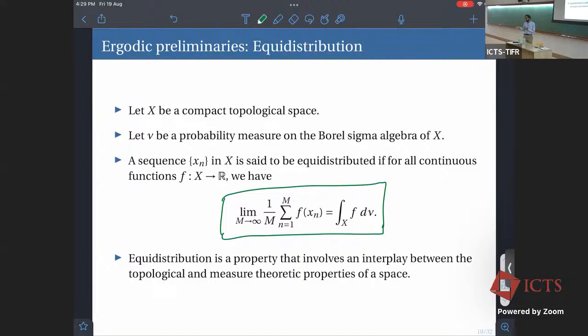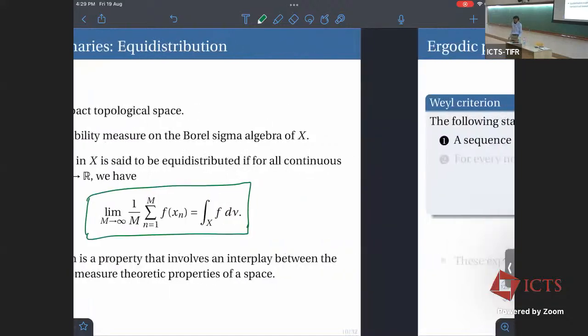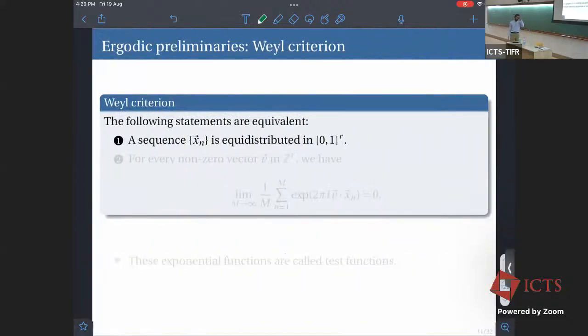It's enough to check it for a specific class of functions, and that specific class is often called test functions. And so for [0, 1], it turns out that the test functions are very nice. They're exponential functions, and so that's the Weyl criteria, that the following statements are equivalent.